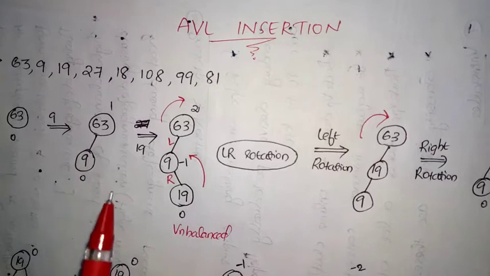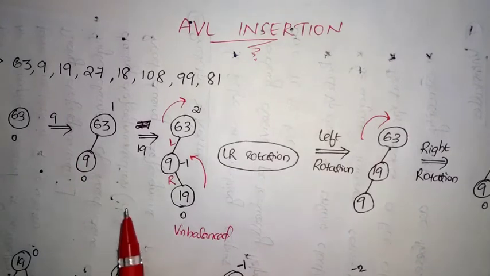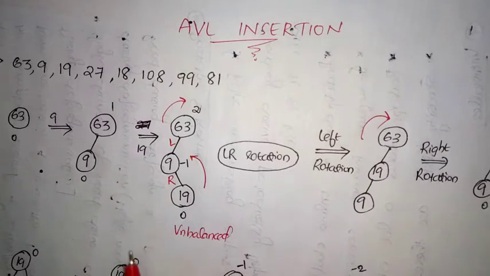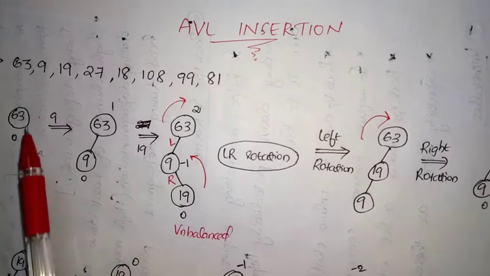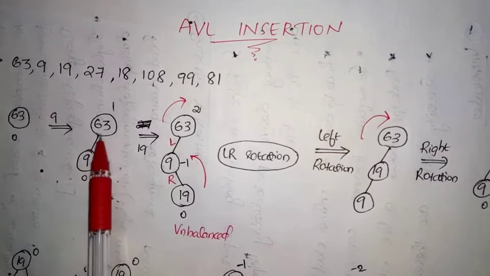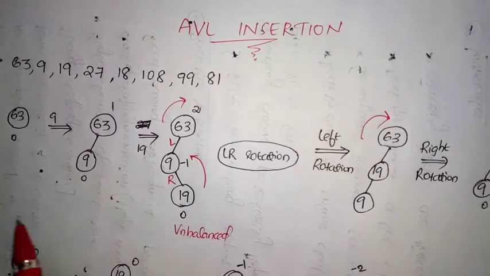Since this AVL tree follows all the concepts of the binary search tree, we know that in a binary search tree, the left child will be lesser than the root and the right child will be greater than the root. So all these scenarios are also applicable here. In order to insert this 9, since 9 is lesser than 63, it comes at the left child. Now we again calculate the balancing factor.